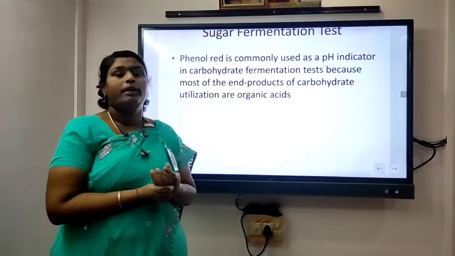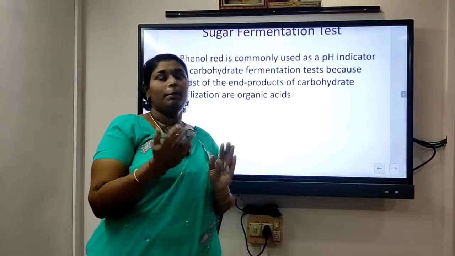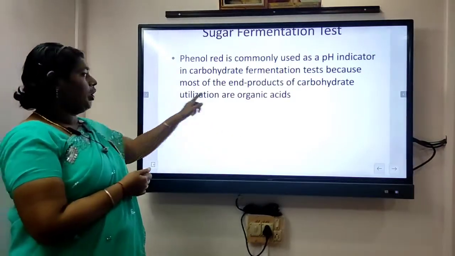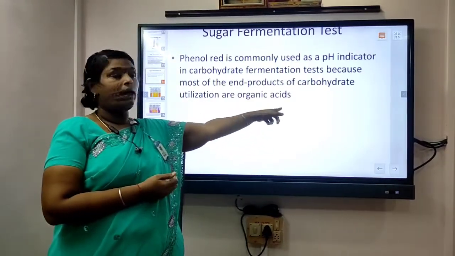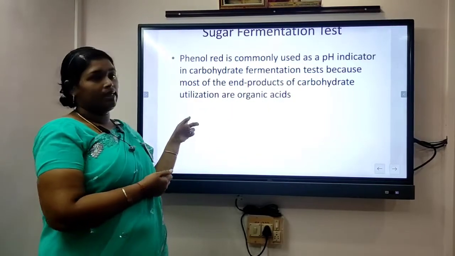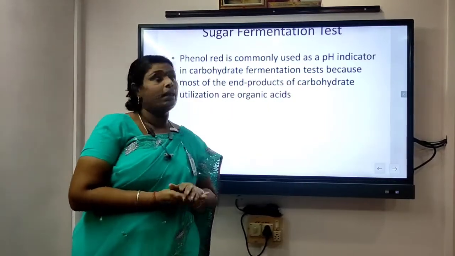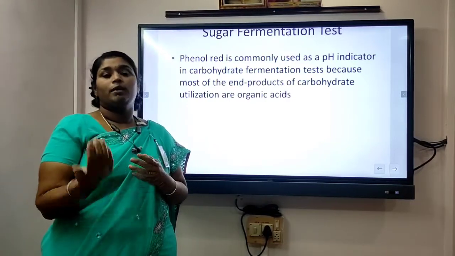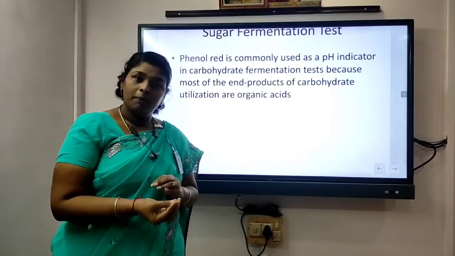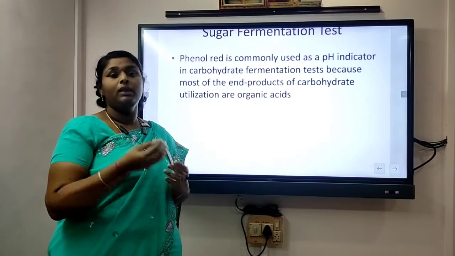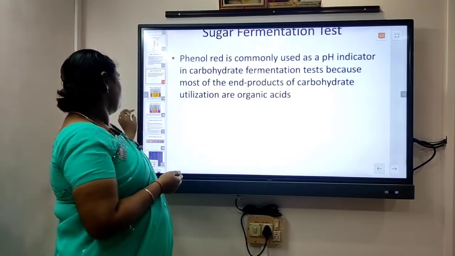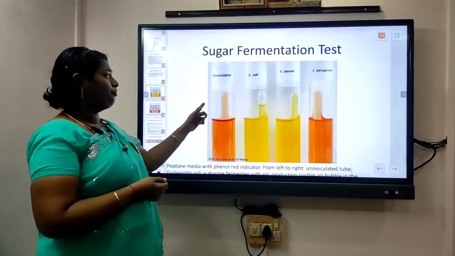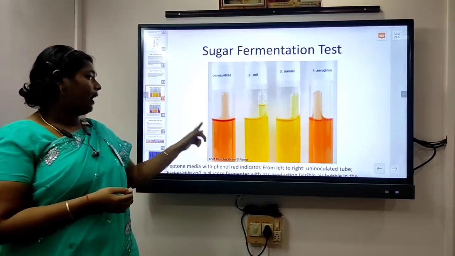The organic acids produced due to carbohydrate utilization will be easily detected by the phenol red indicator. Other than phenol red, we can use bromocresol purple for the detection of sugar fermentation. See, this is a phenol red indicator added medium.